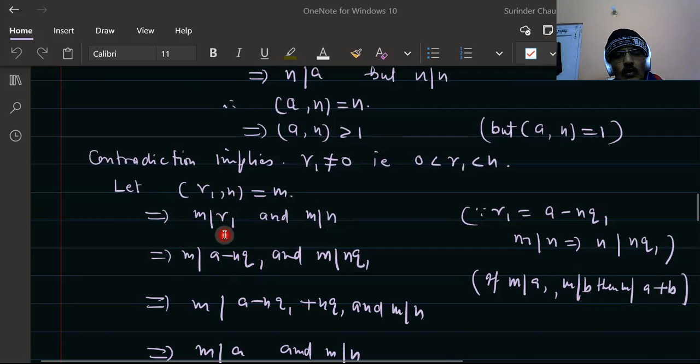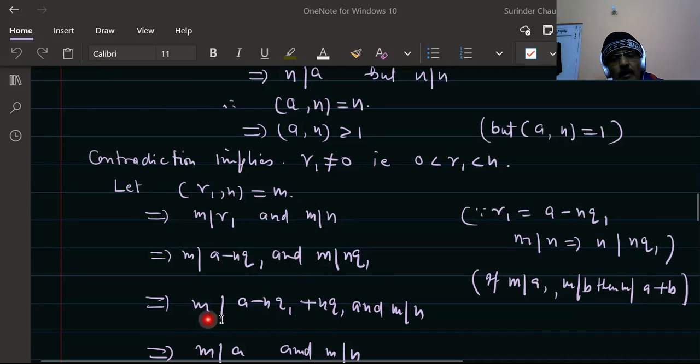So when we substitute the value, this implies m divides a minus N q1, and m divides N implies m divides N into q1. So if m divides a minus N q1 and m divides N q1, then m will divide the sum.